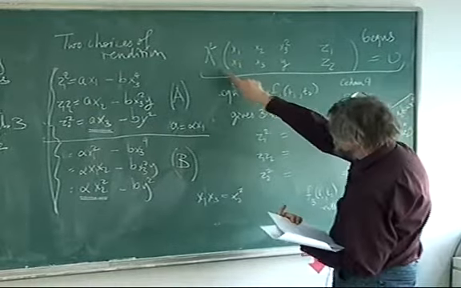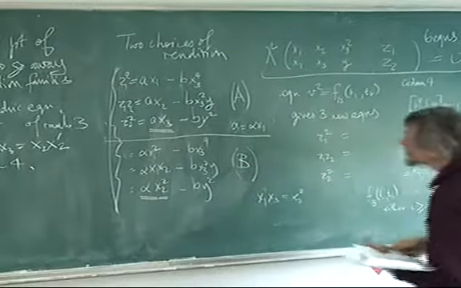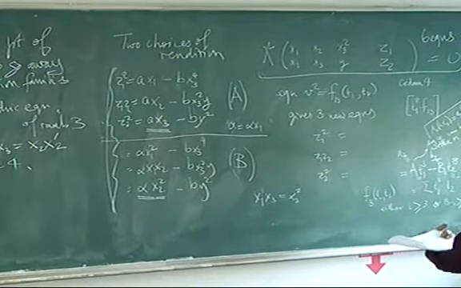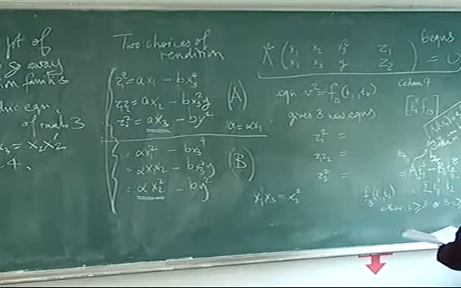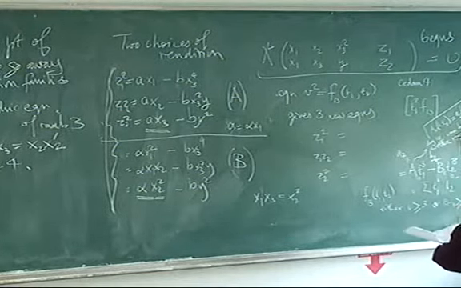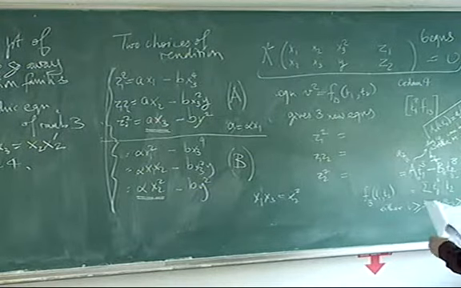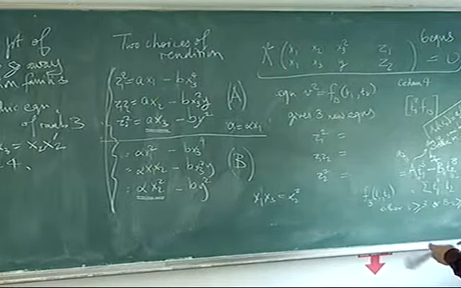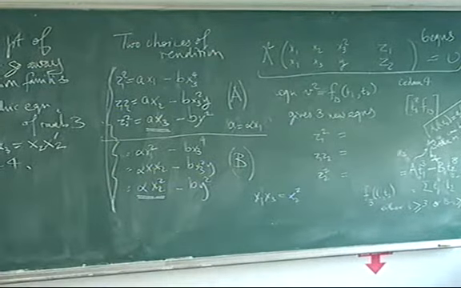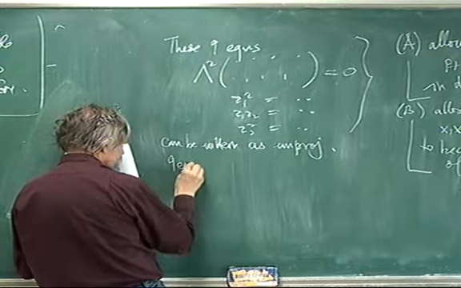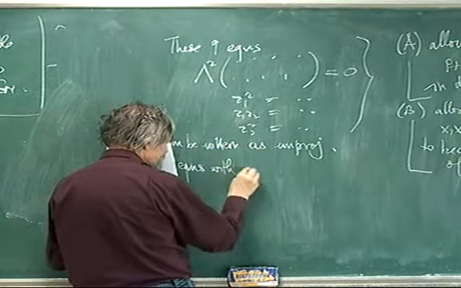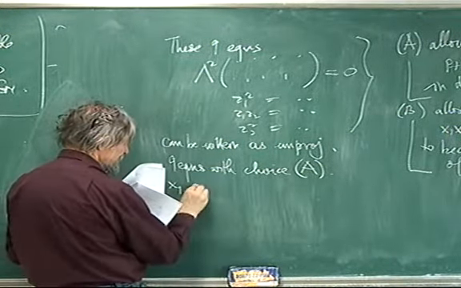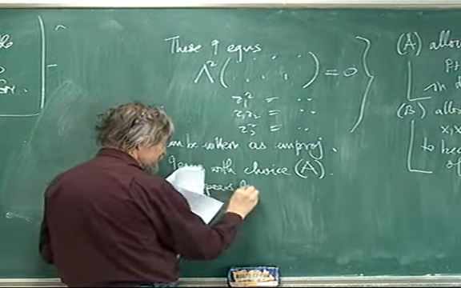So if you think about this set of 9 equations, these guys and the equations A, the thing you notice is that if I take the 9 equations with the choice A, then x1 appears linearly in 4 equations.